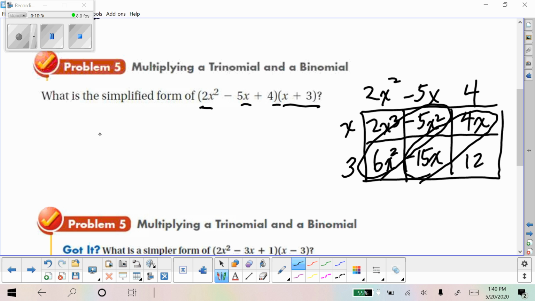So in standard form, highest degree first, it would be 2x to the third. Adding the negative 5 and the 6 gives us 1x squared. Adding the negative 15 and the 4 gives us negative 11x, and then plus 12.